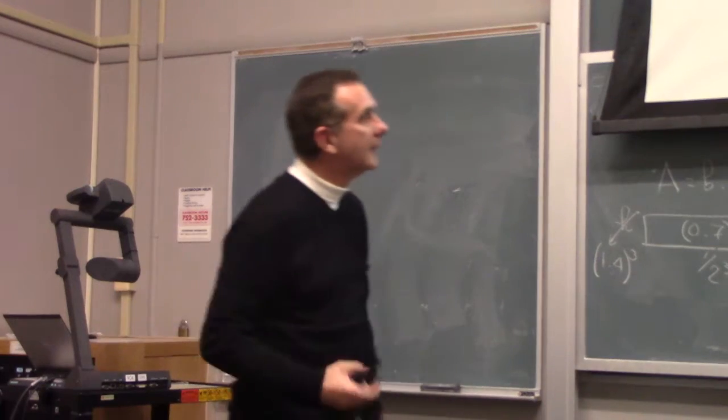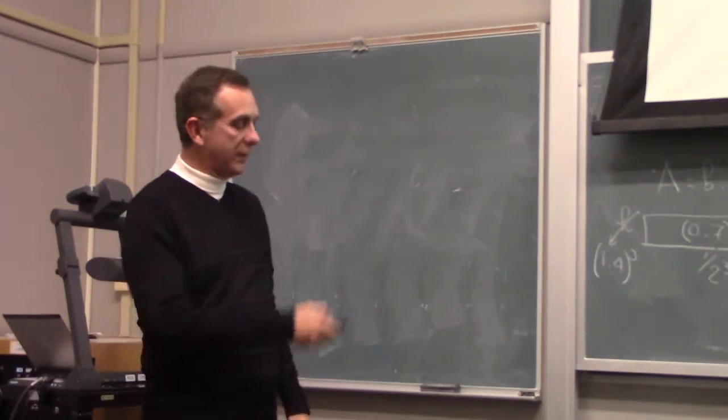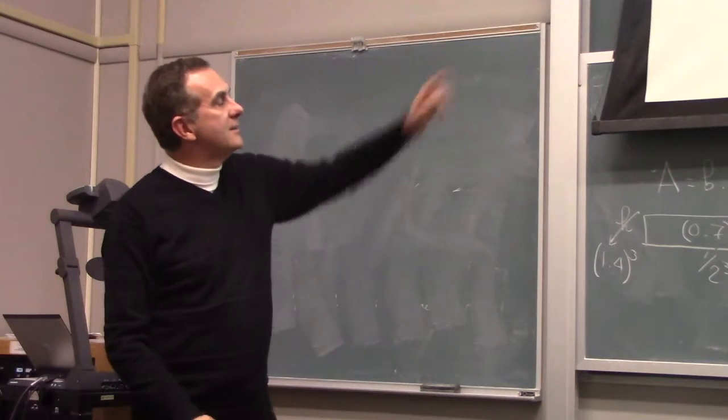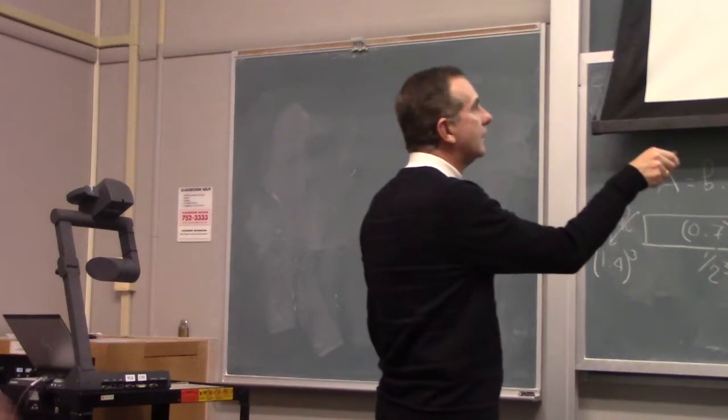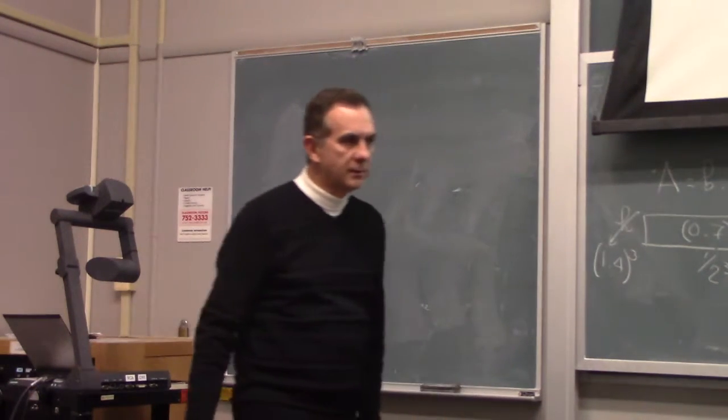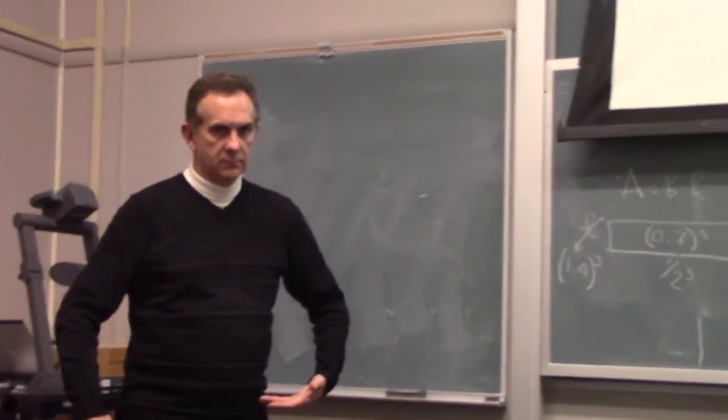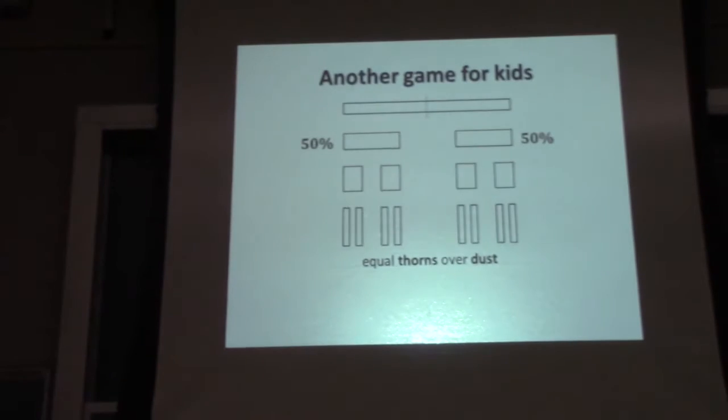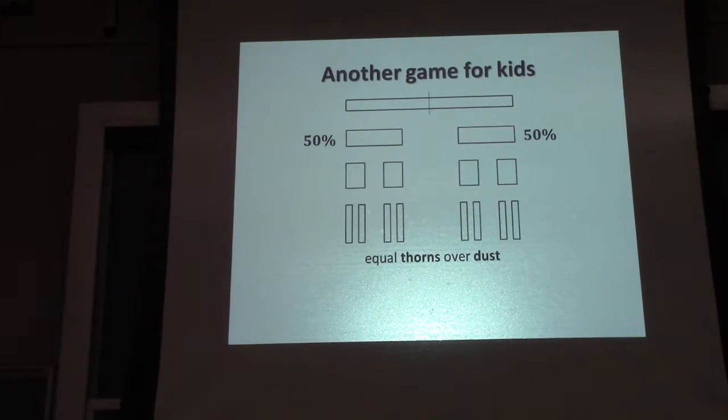Okay? So, second game for kids. So this generates equal thorns over a single dust. Why am I introducing this to you? Because I'm going to relate this second game to the first game. Okay? So, how do I relate them?